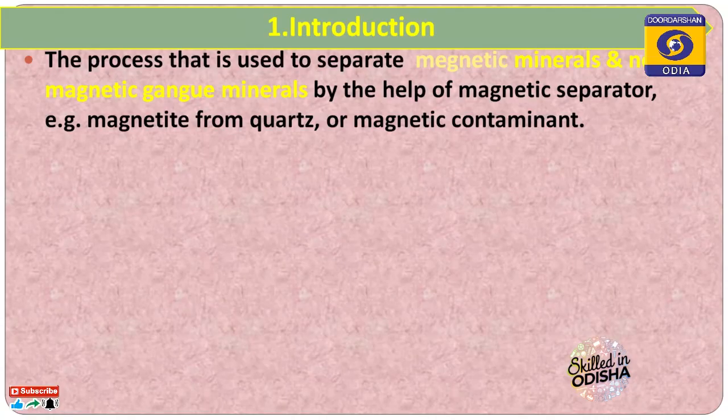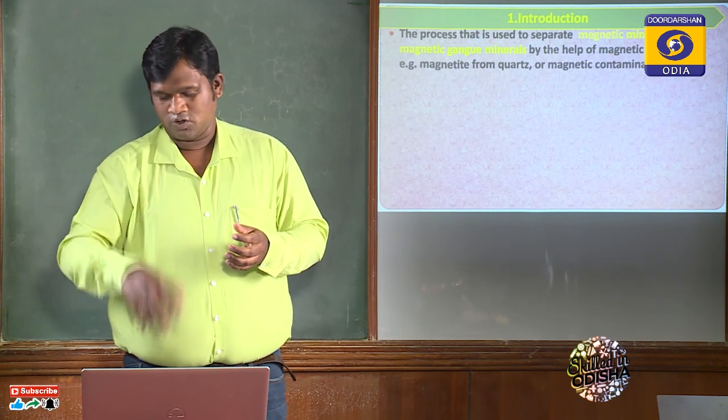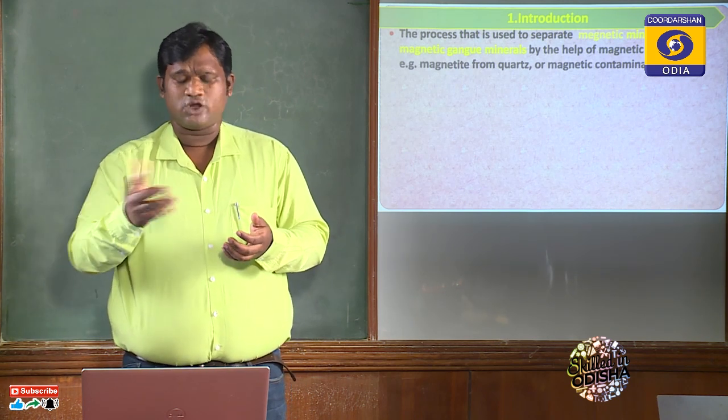Any kind of setup with a magnet or magnetic separator can separate magnetic and non-magnetic minerals. That is basically known as magnetic separation. For example, in iron ore we can separate the magnetic mineral, magnetite, from the non-magnetic mineral, quartz, or any non-magnetic contaminants.